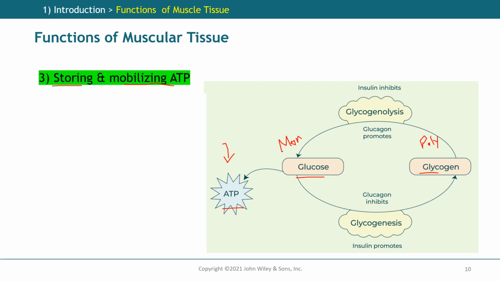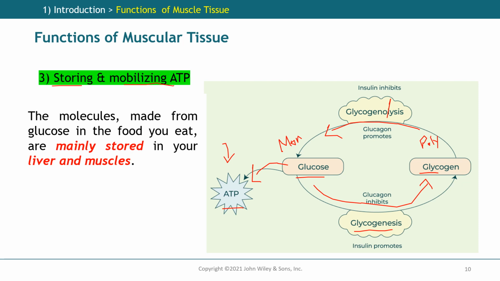In other words, when you eat, you go through a process called glycogenesis, where you turn the monomers into polymer, and when you need to release that energy, you go through a process called glycogenolysis, lysis meaning breaking, and then the glucose can be turned into ATP and you can release energy. So what I just told you is that in your body there are many molecules, and one of them that is very important is glucose, because you can turn the glucose into ATP, and you get that when you eat.